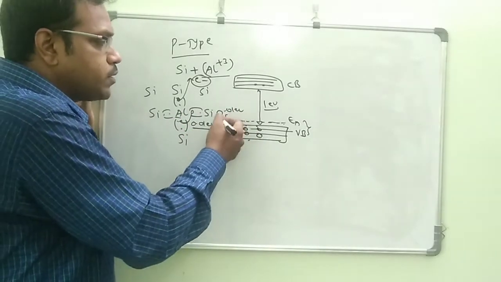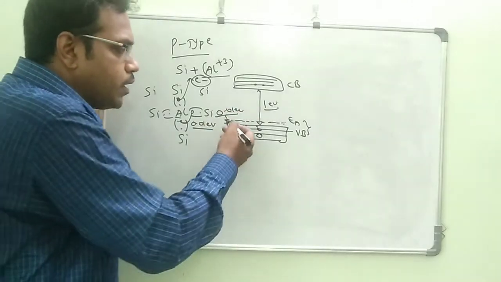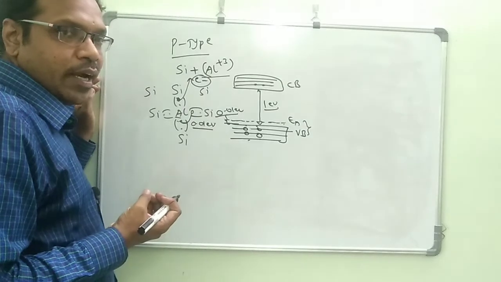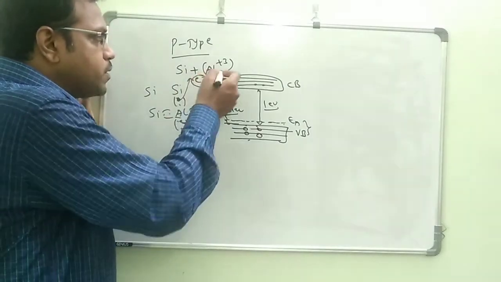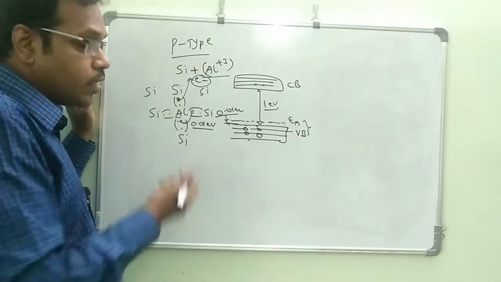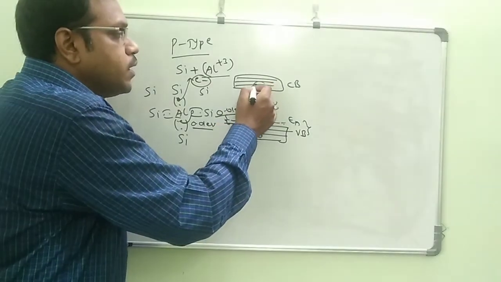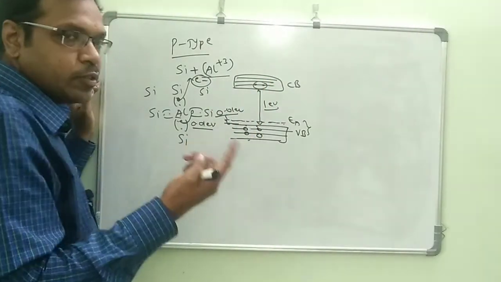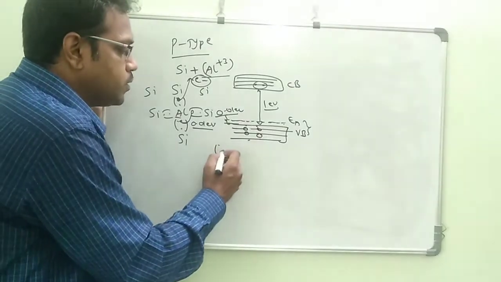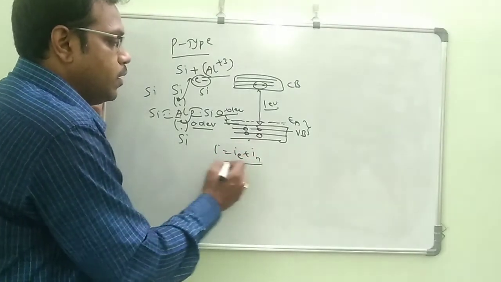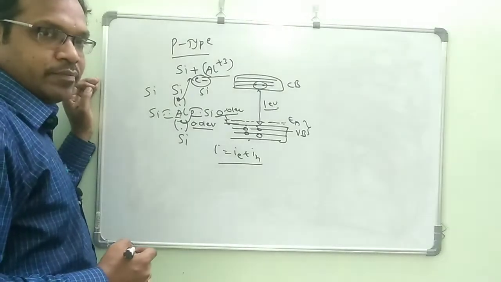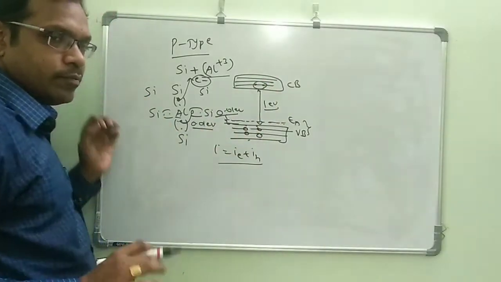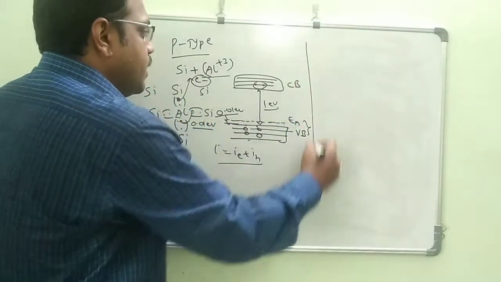Easily they can jump, because they are acceptors, they want electrons. So aluminum is an acceptor atom I am adding, so that the electrons in the conduction band will constitute the current, and the holes will also constitute the current. So you get I equals I_E plus I_H, holes and electrons. Okay, no problem. And next one is N-type.